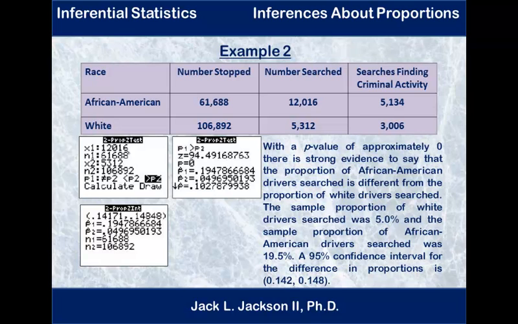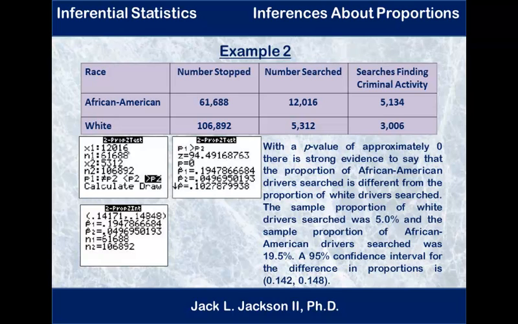With a z-value of 94, that gives us a p-value that's probably less than 10 to the negative 99th, because it would give us some approximation if it was closer than that. So this is basically as close to 0 as you can get on this calculator.